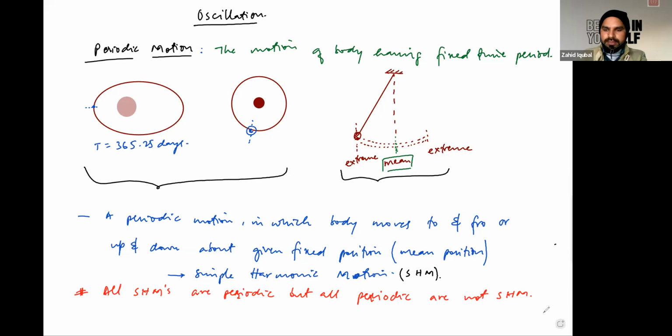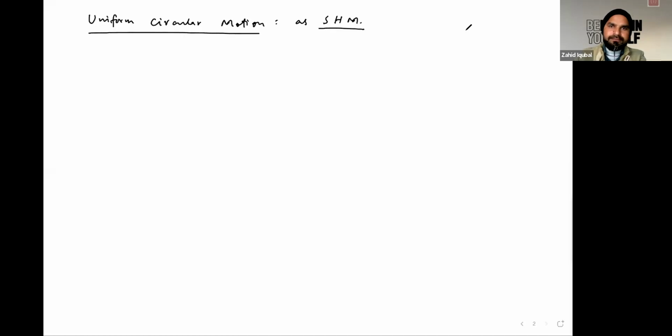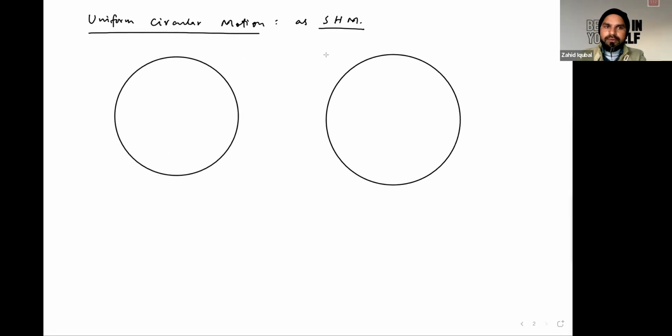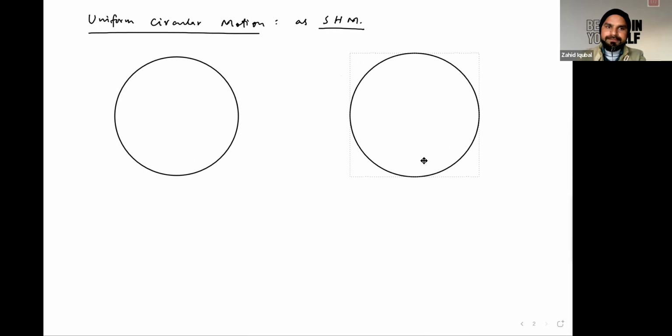Now to define this particular simple harmonic motion, or its motion to and fro or up and down, let me give you an example: uniform circular motion as simple harmonic motion, or SHM. Suppose a body is moving along circular path at constant velocity or angular velocity omega.